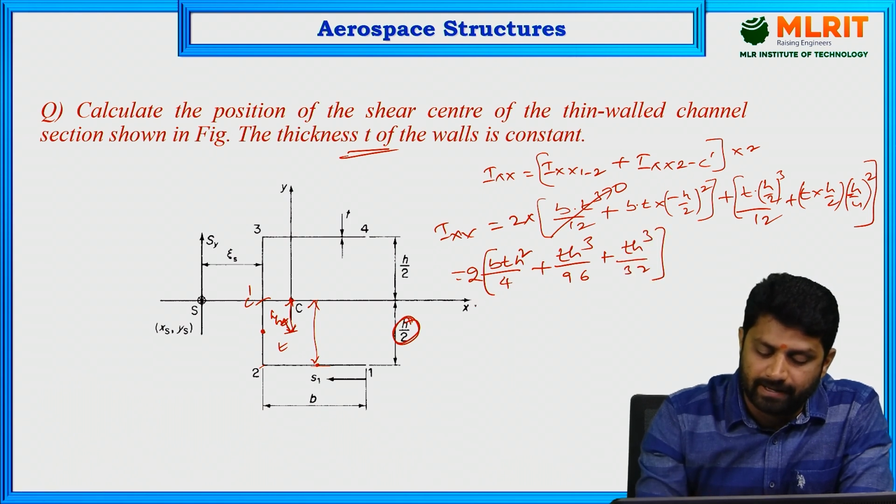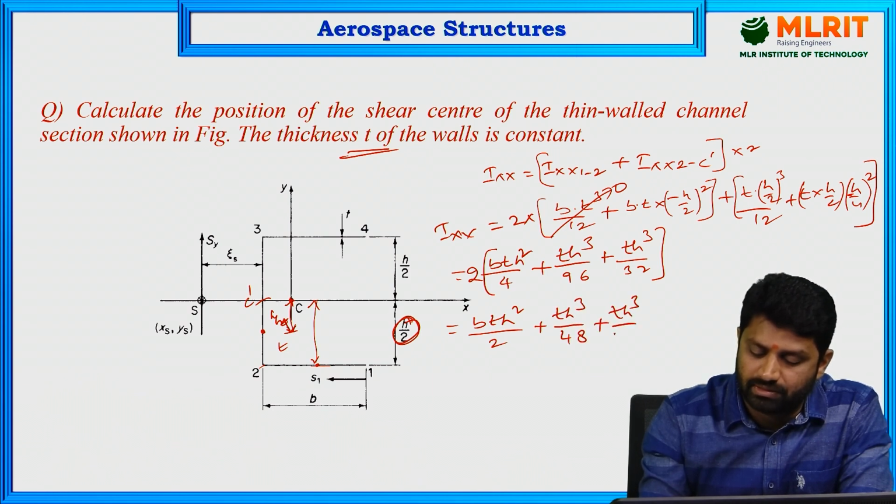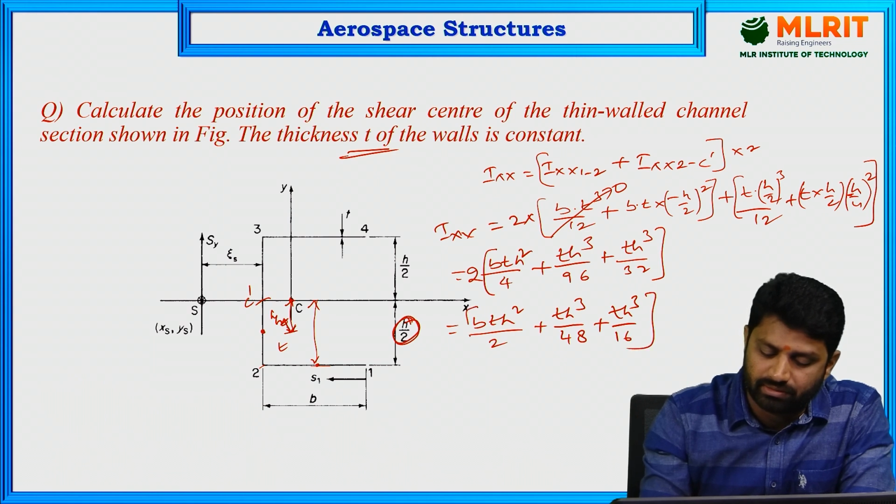Okay, and again if you try to multiply this 2 inside, you are going to get bt h square by 2 plus th cube by 48 plus th cube by 16, that you are going to get like this one.